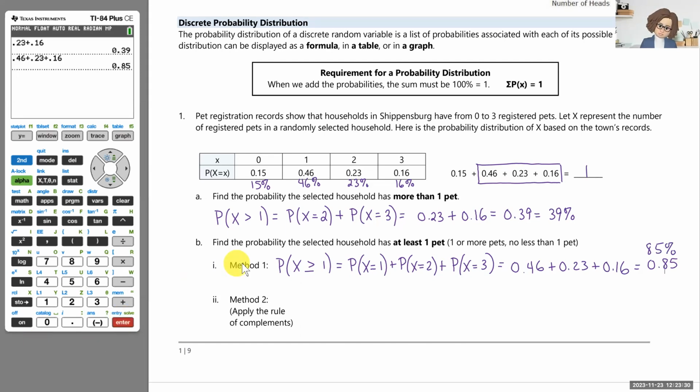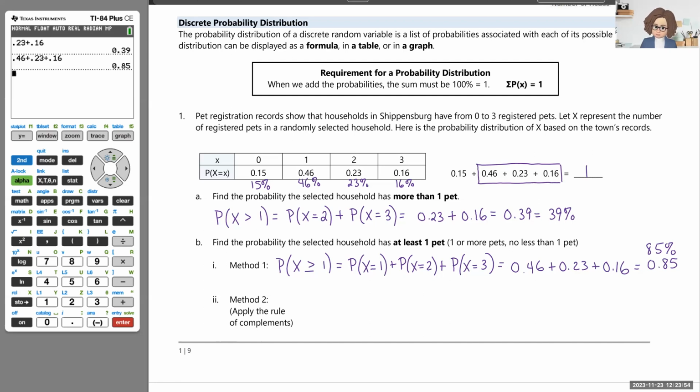All right, so rather than using that method, it's going to be important in chapter 5 that we return to this idea of the rule of complements. So another way to find this probability by applying the rule of complements. So I'm going to come back here. So 2 events are complements if together they make up the entire sample space.